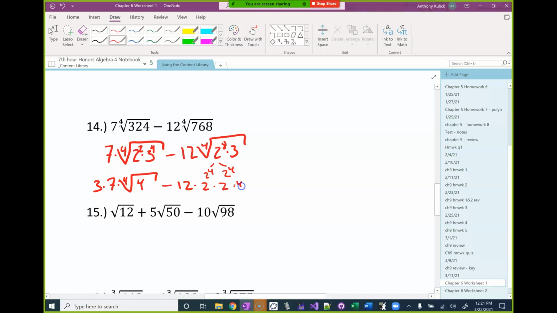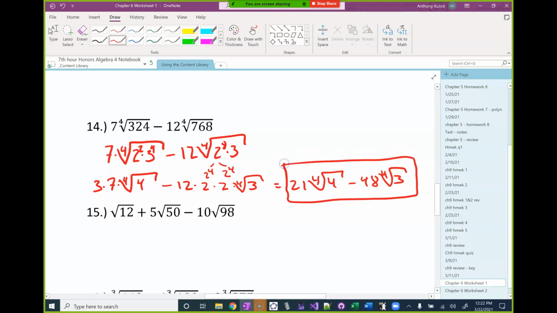So when it's all said and done, I don't have radicals at the end, so that's as much as we can do. We can't actually subtract them because the radical parts are different. One is a 4th root of 4, the other is a 4th root of 3.